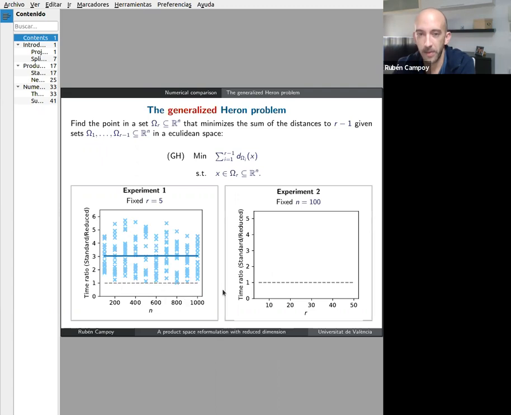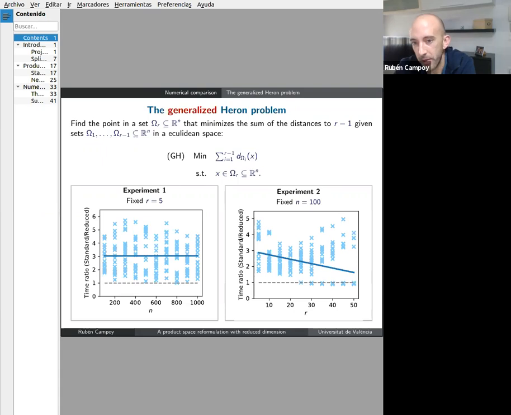Now in the second experiment, I do the opposite. I fix the dimension of the space, and I'm gonna increase the number of operators in the monotone inclusion. And then I get these results. In this case, I do get points below the line 1. So there are a few instances where standard DR was a bit faster than the reduced.